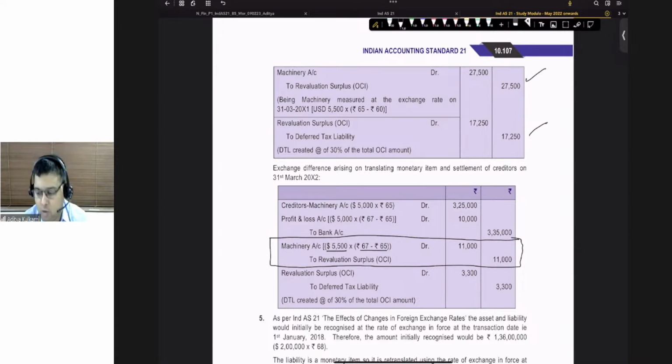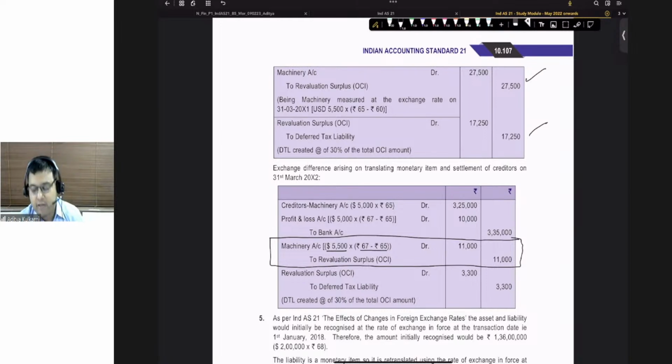So here what will happen is you will end up getting confused. You will ask that, sir, machinery is a non-monetary asset, as sir had told. But here we are changing it at the closing rate and recording it in revaluation surplus. It will not strike you that this is a revaluation on account of fair valuation.